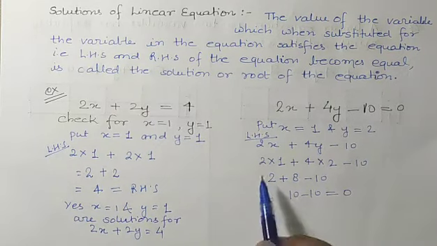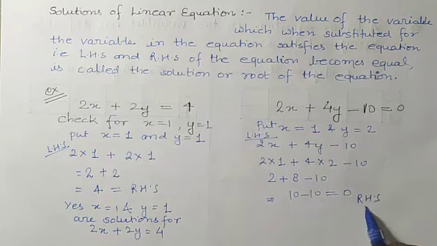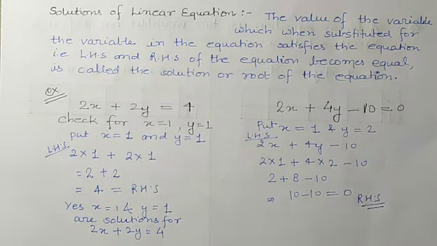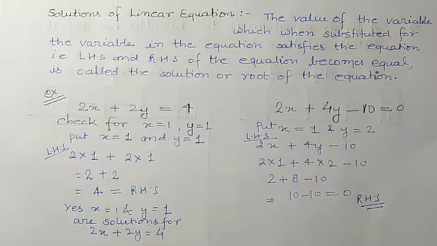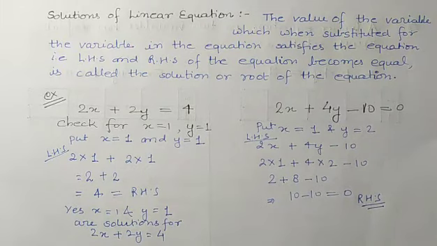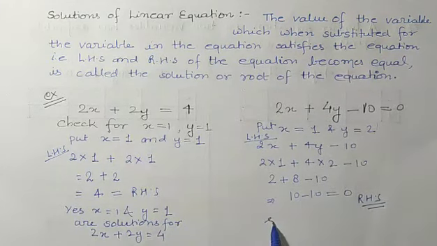So see students, here we are solving the left hand side and we have got the right hand side. Means students, whenever for any values of the variables the equation gets satisfied, then those values will be known as what?